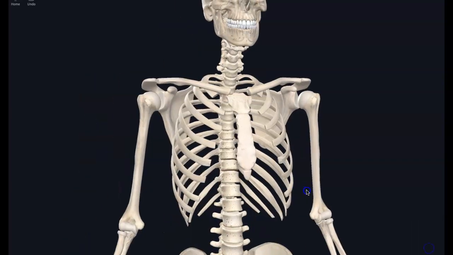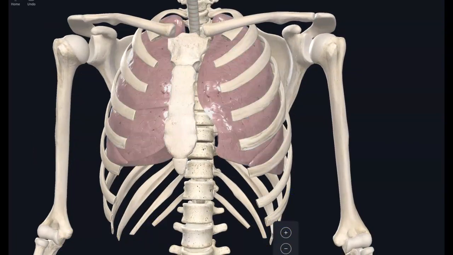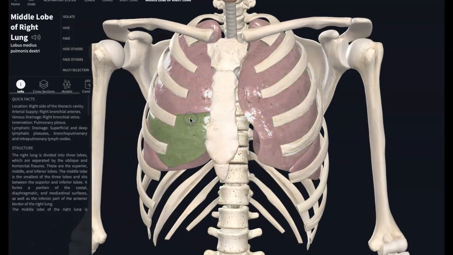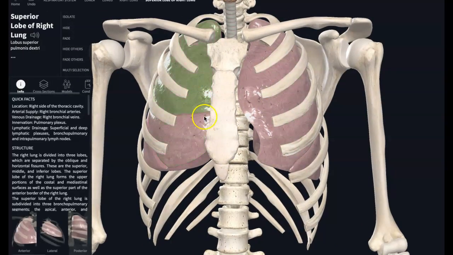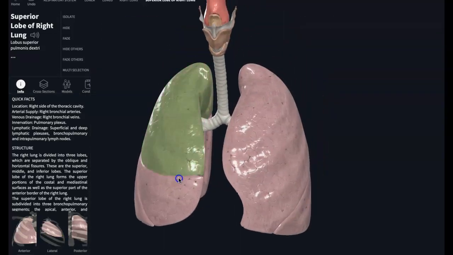Next, we're going to go down to the viscera. And we're going to start by looking at the lungs. So here are the lungs. Here's the left lung and the right lung, left and right on this person. If we take these skeletal structures off, we can see that there's this space between the lungs.